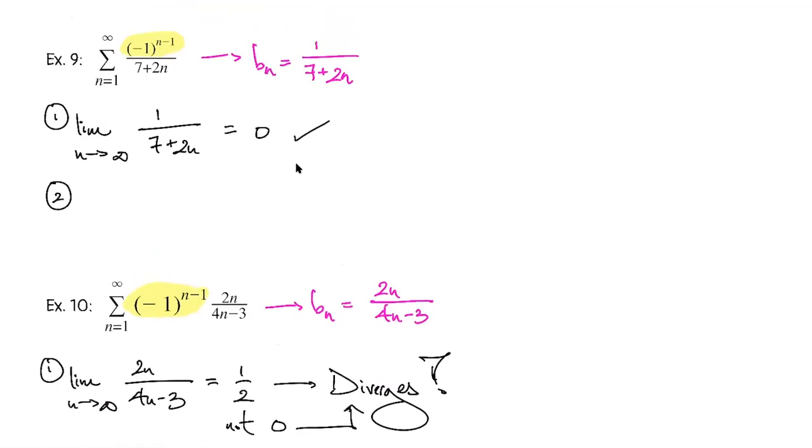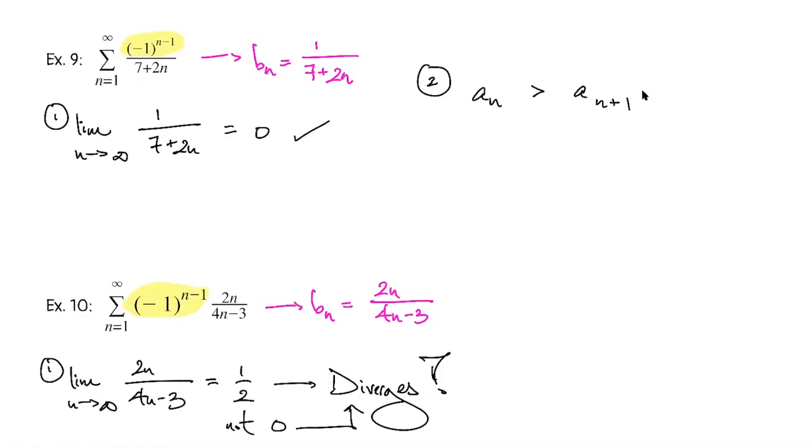So let's go back to example number 9 and see if we can figure out if it's decreasing or not. And let me do this off to the side just so we have a little bit more room. If it's decreasing, that means that a sub n is greater than a sub n plus 1. Some term is bigger than the one that comes after it.